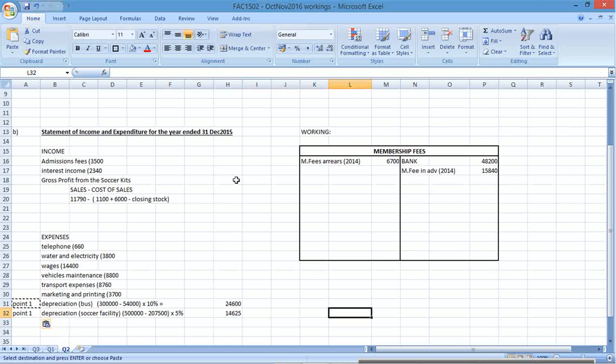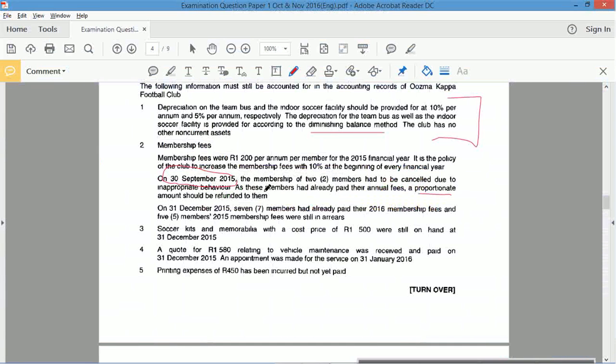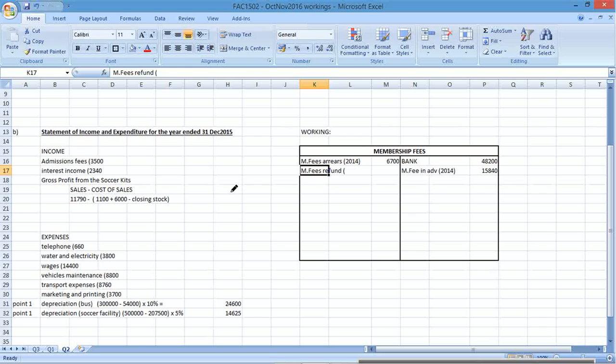Okay, so if you refund, your membership fees will go up or down. It will go down. Okay, so M fees, refund. Brackets. I'm refunding membership fees. They cancelled on the 30th of September, but they paid the whole year. So that means October, November, December, they would have paid for, but they never would have used it. Okay, so you refund 3 months. And this is for 2 members.